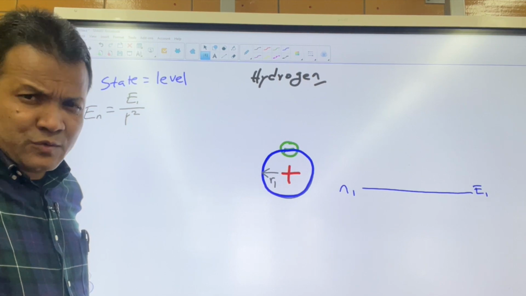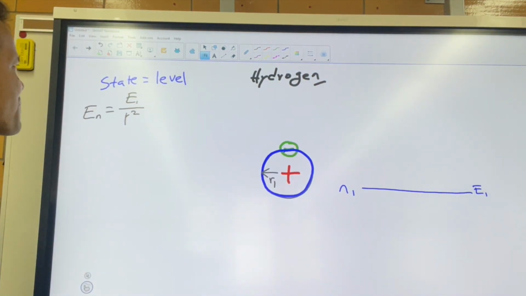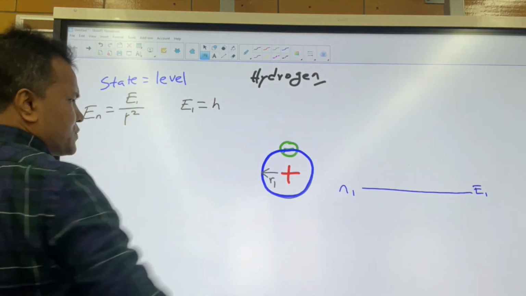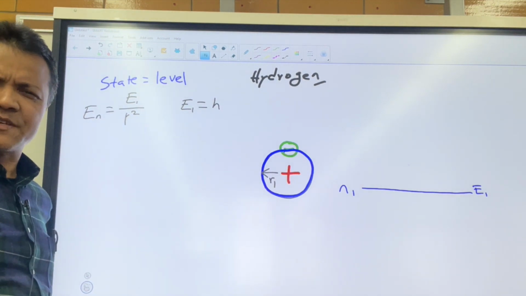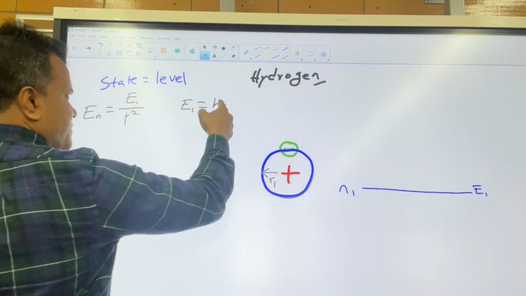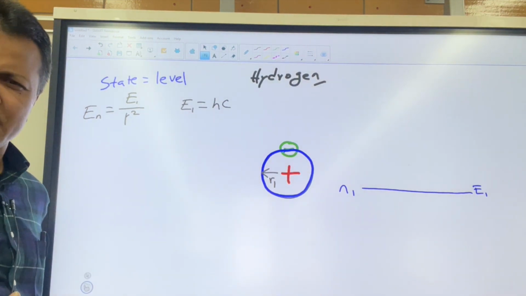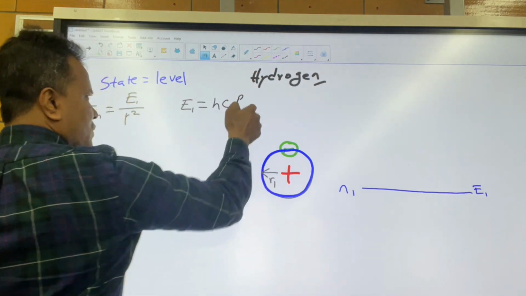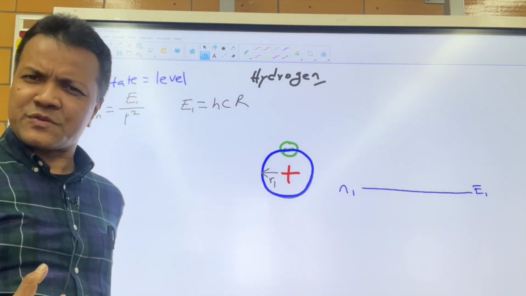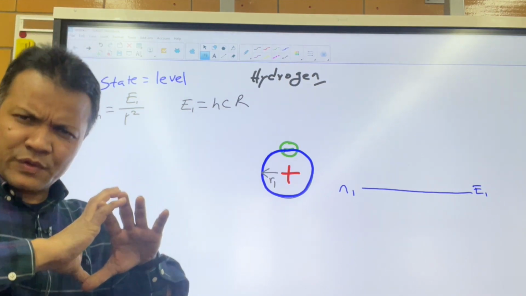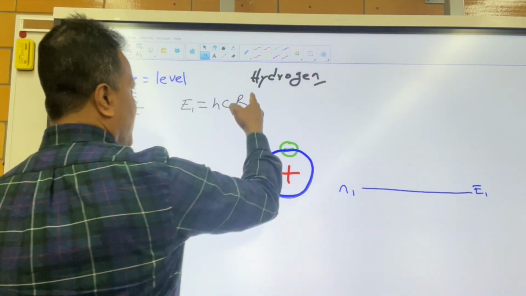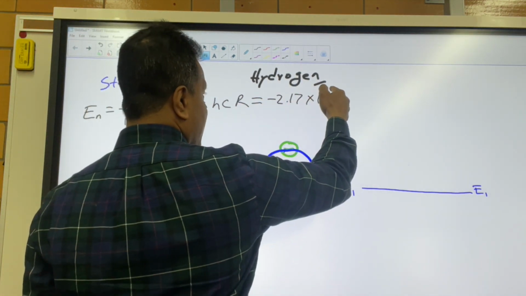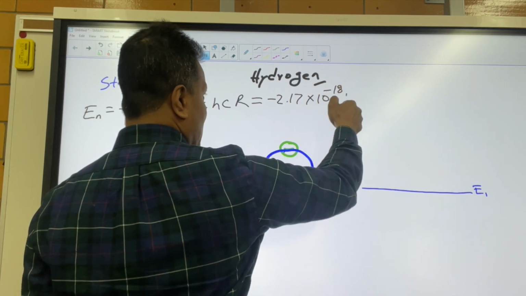Now you're probably wondering, what is E1? Okay, we would be able to calculate E1 as well. E1 would be h, which is Planck's constant, 6.63 times 10 raised to negative 34, times c, 3 times 10 raised to 8, times R, which is 1.0977 times 10 raised to 7. You multiply them and you get E1 equals negative 2.17 times 10 raised to negative 18 joules.